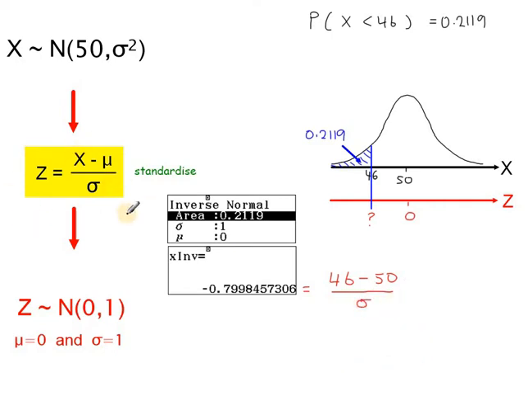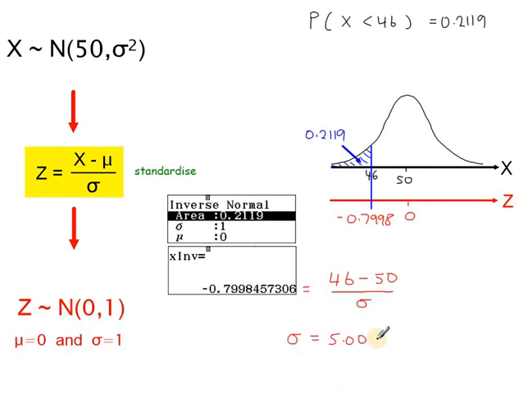Once again, for the standardizing formula, everything on the right hand side comes from the distribution of x. So we're using the 46, we're using the 50, we're using this unknown standard deviation on this side. Anything on the left hand side is from the standard normal distribution, and this value here was our z value there, like so. Now we need to rearrange to work out the standard deviation.